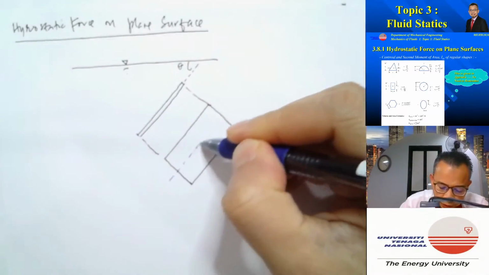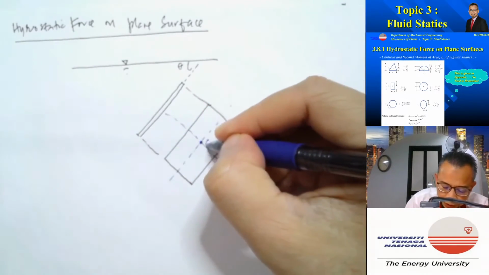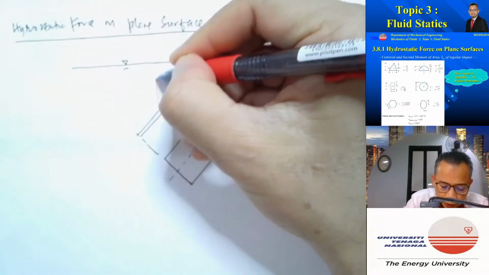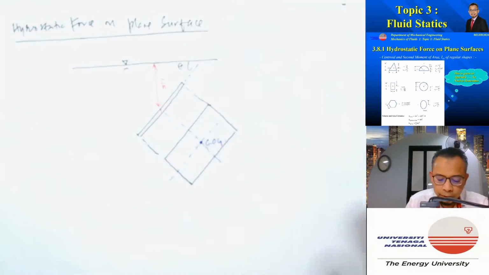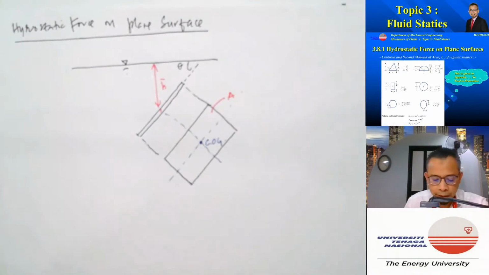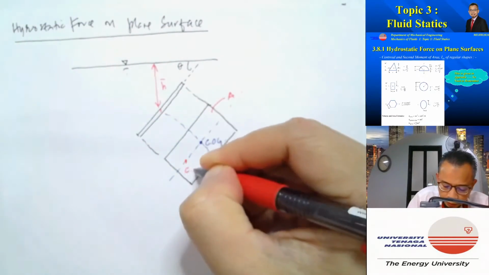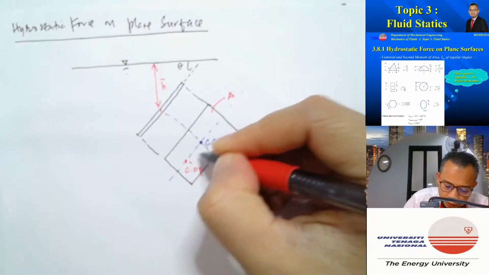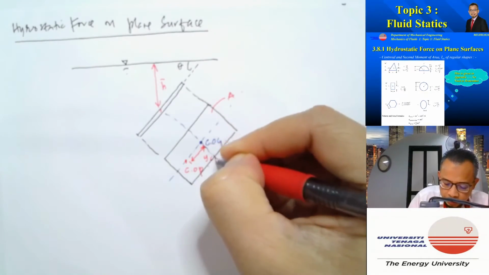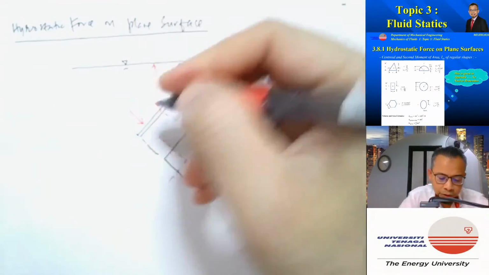So we determine where the centroid is, that will be our origin, the COG, and from there we can obtain our h bar, and the area of the surface is A. So the hydrostatic force will be acting through the center of pressure, and the slanted distance from COG to COP is called YCP. So the force will be acting perpendicular to the surface and through the center of pressure.